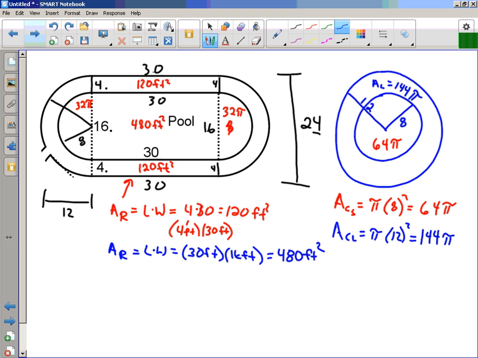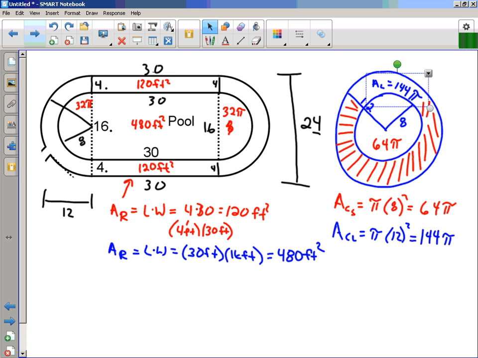So if I want just the area of this ring, and that's going to be that stone path we're going to need at some point, I'm going to look at taking 144 and subtracting away 64.